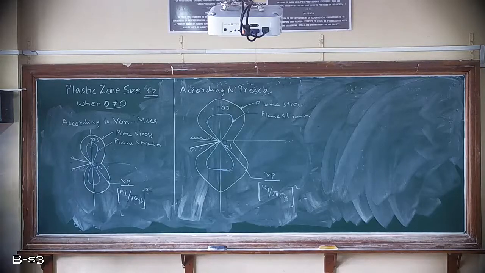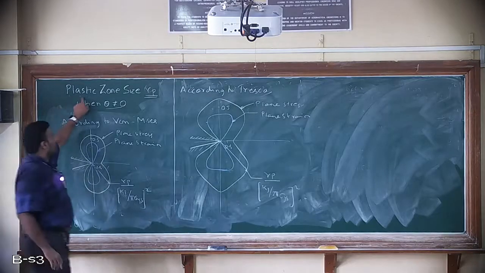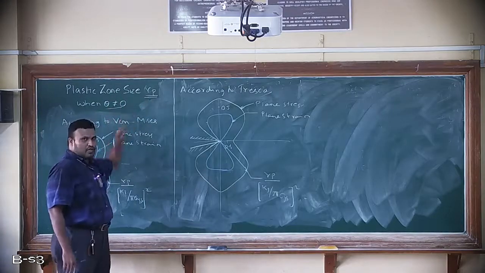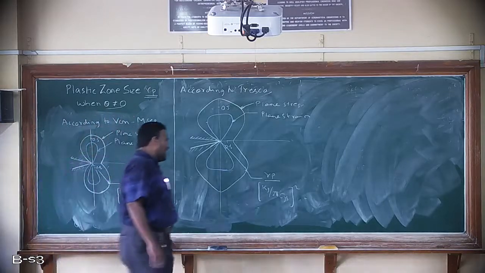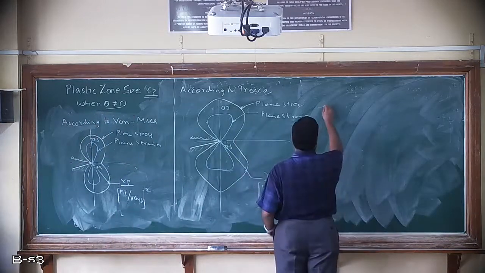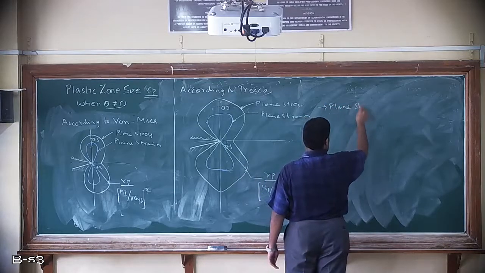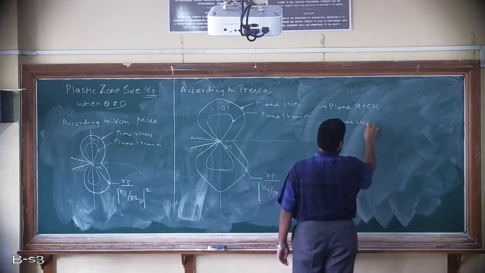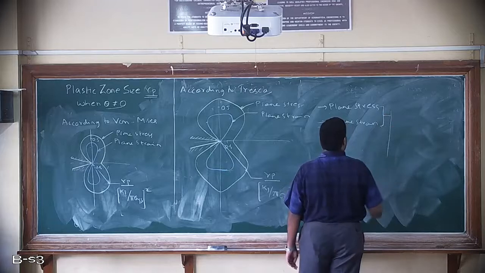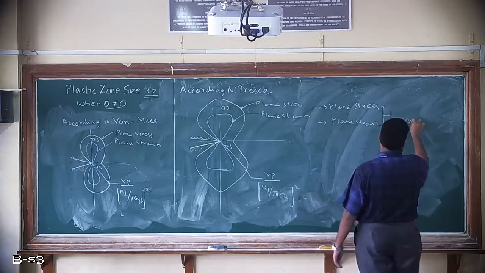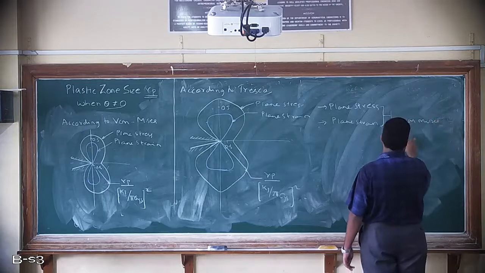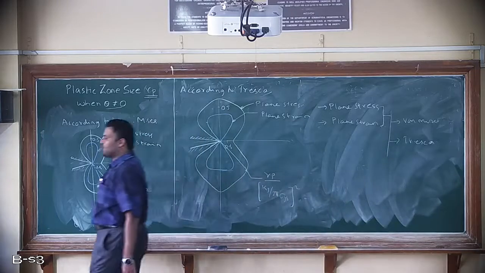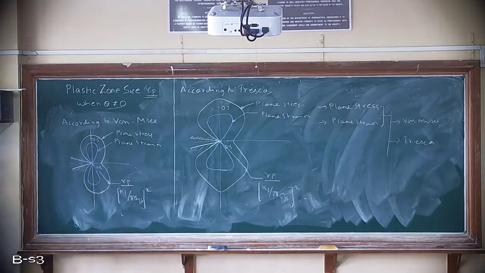So this was the expression to determine the plastic zone size, or the derivation to determine the plastic zone size Rp when theta is not equal to 0. So to summarize, here we have the two cases. One is the plane stress and second one is plane strain, and for both the cases we have seen Rp using von Mises and using Tresca criteria. So this is about the plastic zone size Rp when theta is not equal to 0.